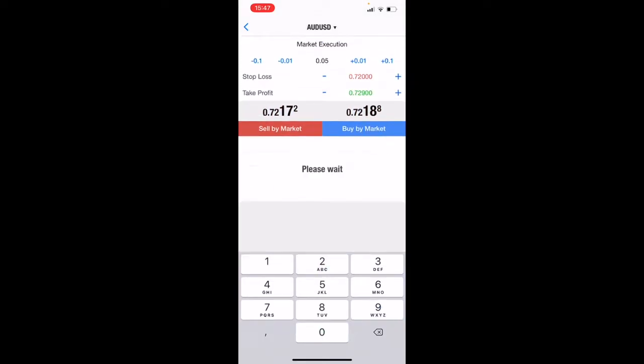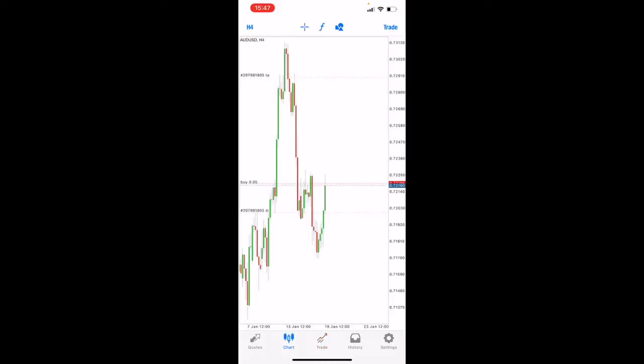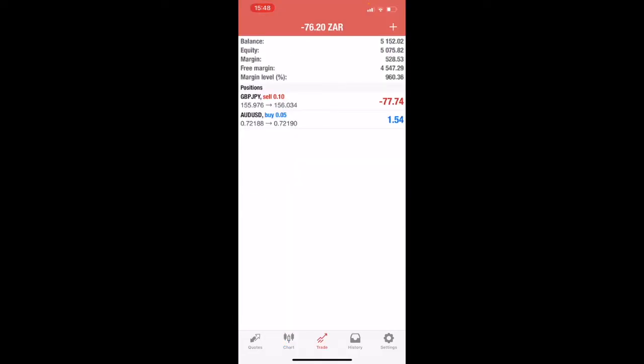Okay, now you say buy by market. Now you'll see it is opened. Okay, remember it's in the minus now because of the spread, so you basically paid the spread. But as soon as price goes above this green line, then you would profit. But if it carries on going down, you will lose. So that is market execution.